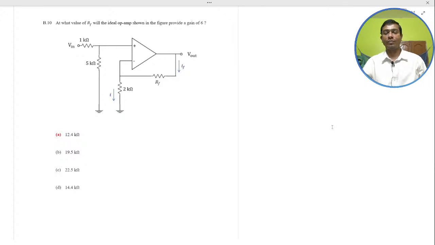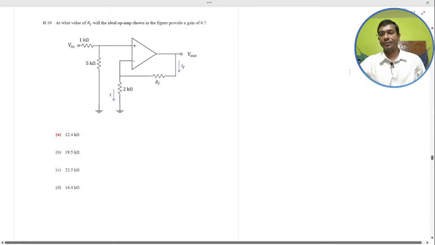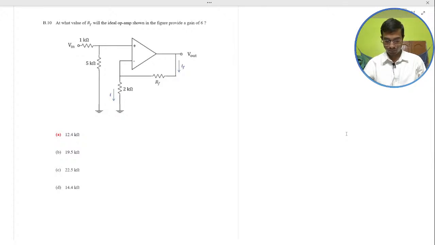At what value of RF will the ideal op-amp shown in the figure provide a gain of 6?